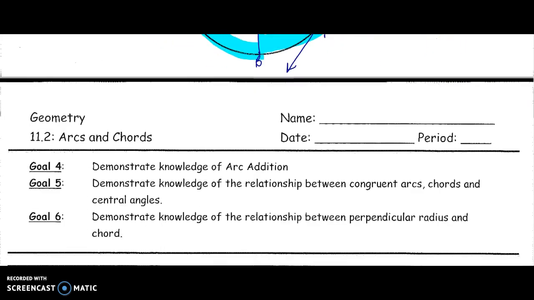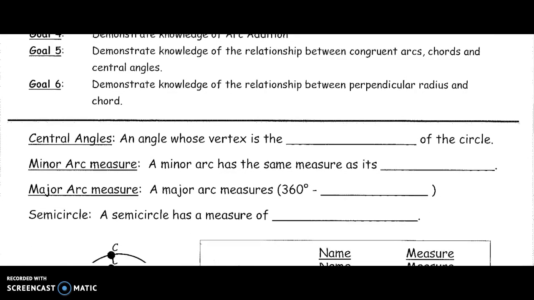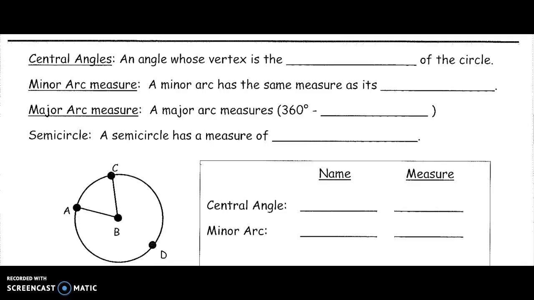So that's your vocabulary. What we're going to do is go on to a little more of these arcs and chords and talk about how they relate to circles. Arcs and chords actually form angles within the circle, and radii form angles within the circle.